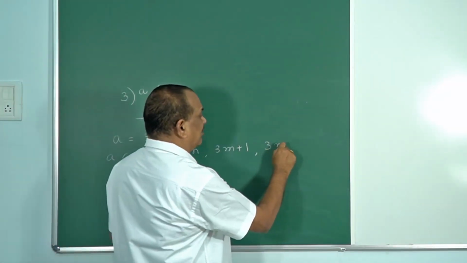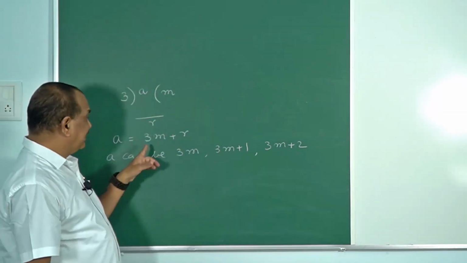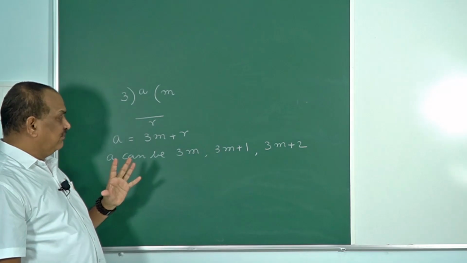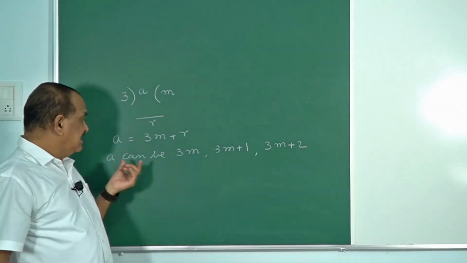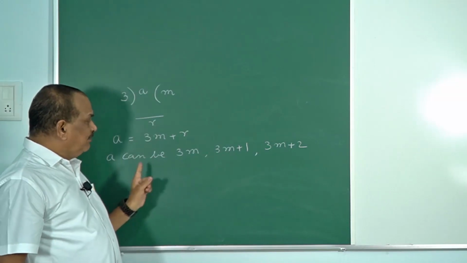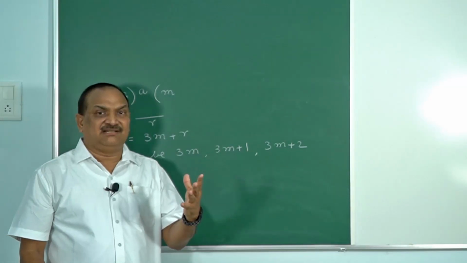It won't go beyond. It can't be 3m plus 3 because the remainder should never exceed this 3. And therefore, if you have any integer, no conditions here, any integer, it should be of one of these 3 forms actually.